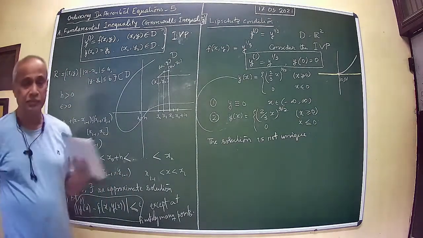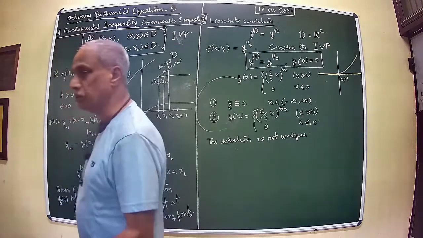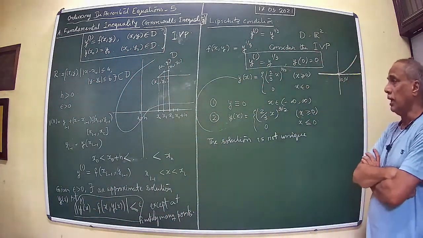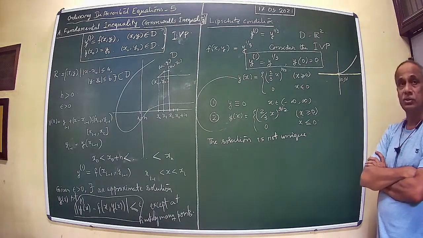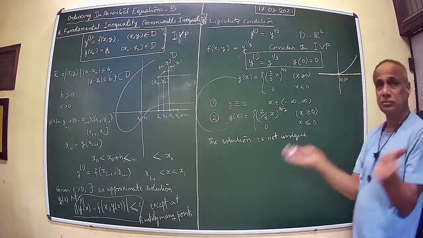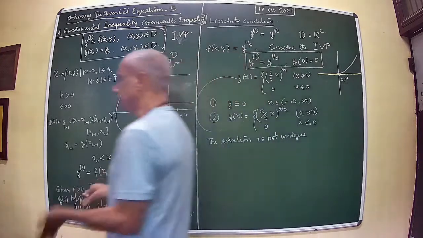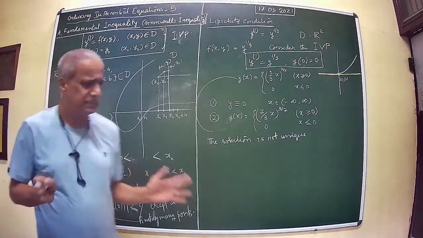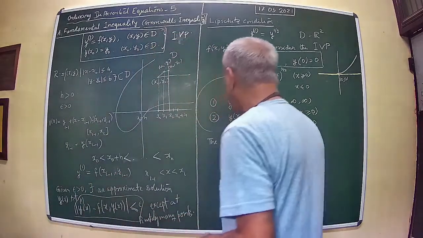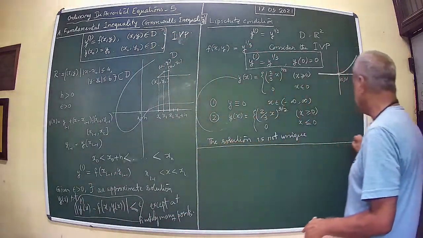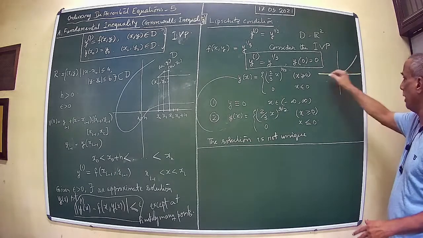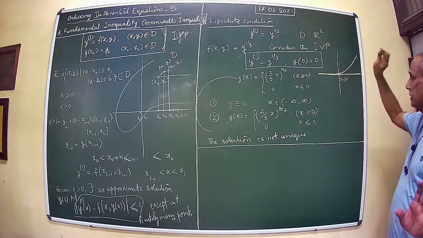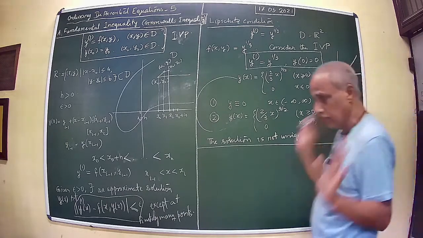Both are possible. So just continuity on f alone is not going to tell you that there is a unique solution. So you need some more additional restrictions on that function. We will leave it there at the moment and come back to this example again. And why this phenomenon of a second solution emerging with the same initial condition, this is something that we will investigate.